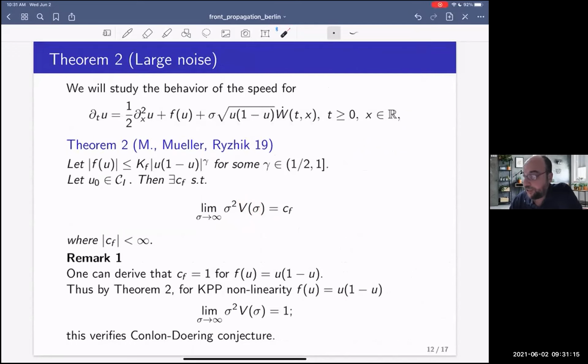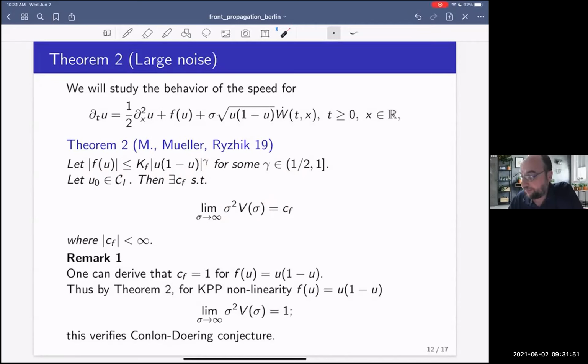speed for such an equation for large noise, where sigma goes to infinity. And under a little bit stronger condition, that the function f(u) is bounded by u(1-u) to some gamma, where gamma should be any number greater than 1/2, we get the asymptotic behavior of this speed as sigma goes to infinity: it's some constant divided by sigma squared.